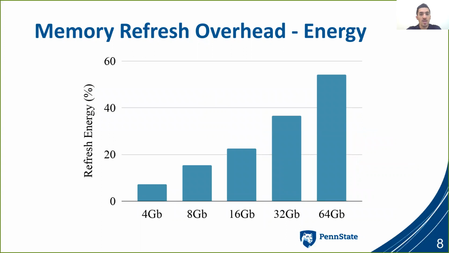Now let's first look at the energy overheads of memory refresh. If we follow the trend of memory refresh energy consumption for different DRAM device capacities, the wasted energy that is consumed only because of DRAM refresh and doesn't result in any computation increases with the size of memory, and it can be up to 54% in 64 GB DRAM memory devices.